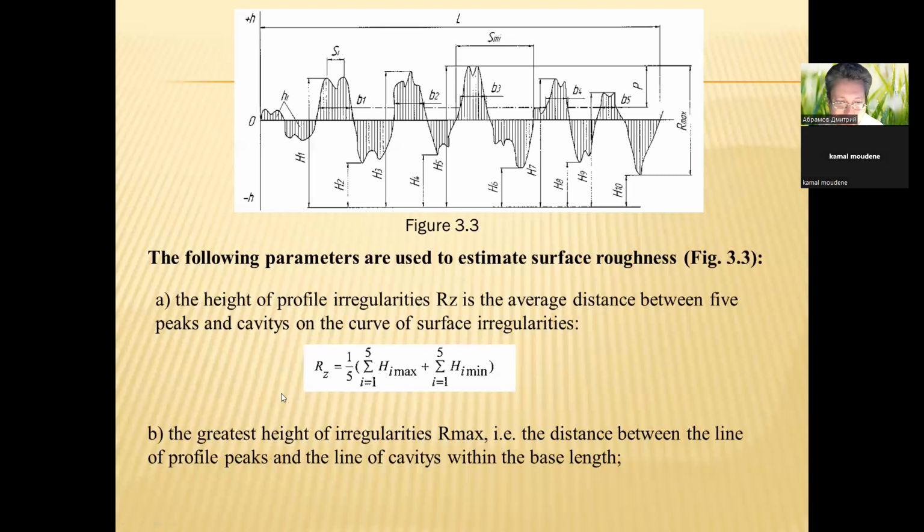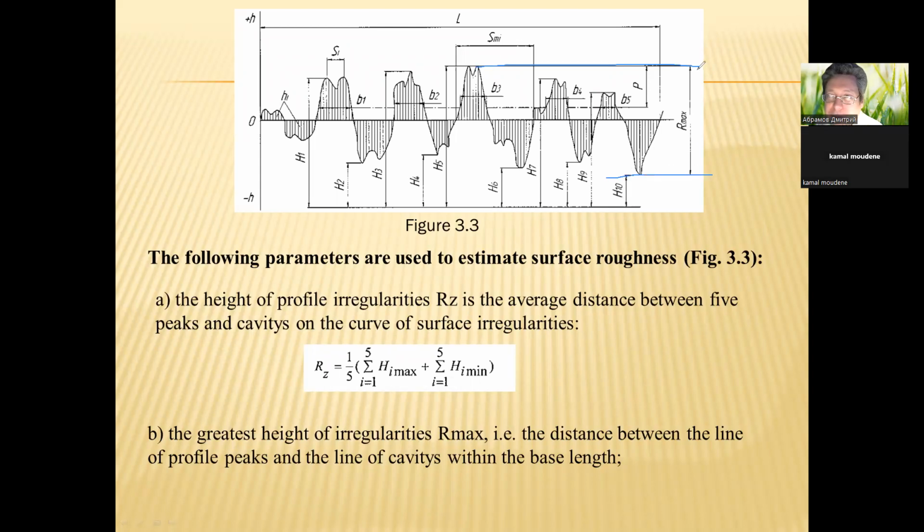B, the greatest height of irregularities, R suffix maximum. The distance between the line of profile peaks, as shown on the figure, the first line of peaks, and the line of cavities.